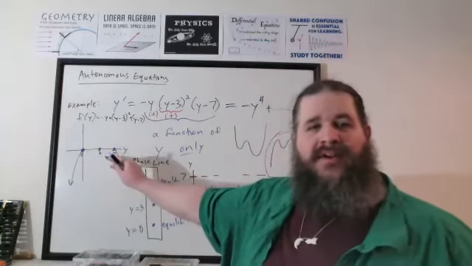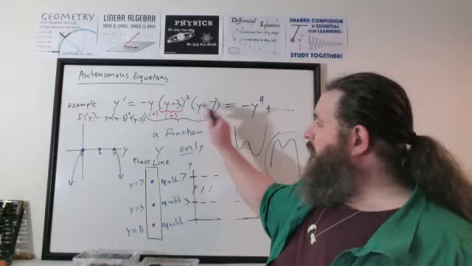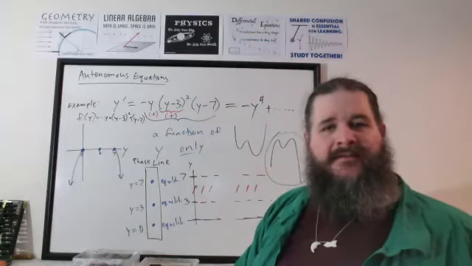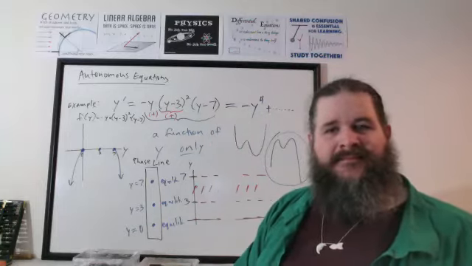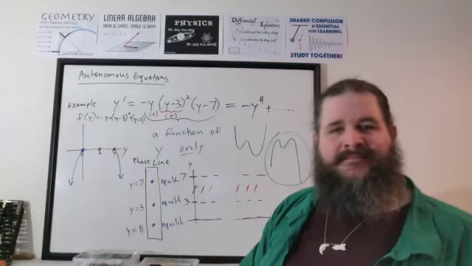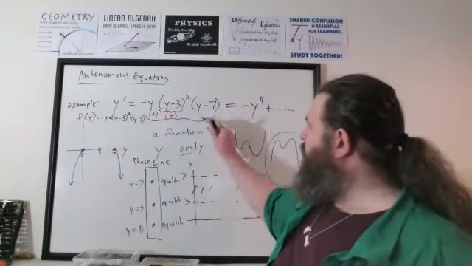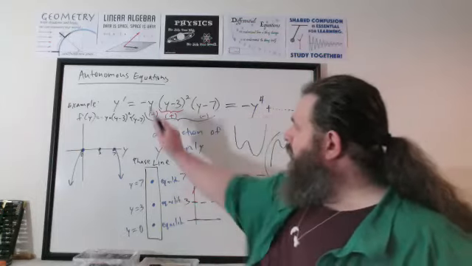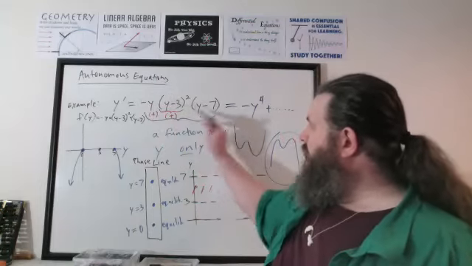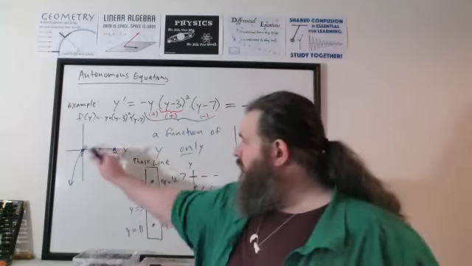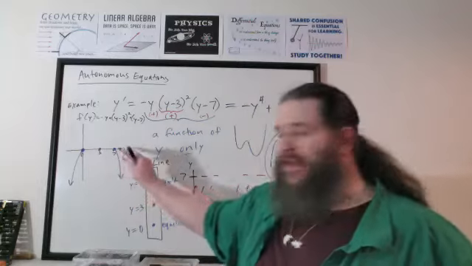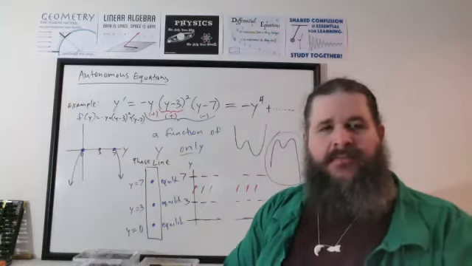So if y is a number less than 7, is y minus 7 going to be positive or negative? Yeah, should be negative. So we've got negative, positive, positive, negative. That works out to a positive. So in this entire region, from 0 to 3 and from 3 to 7, we should expect positive values.